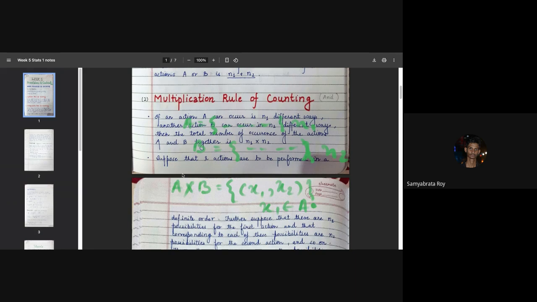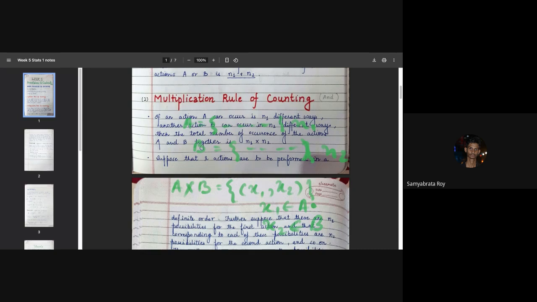So if this is an ordered pair, then we can easily assume that each element of the set is a way to execute A and B simultaneously, right?